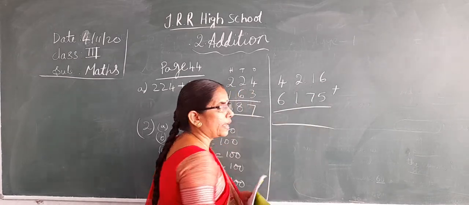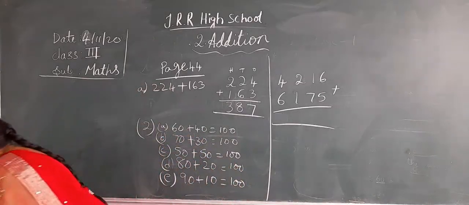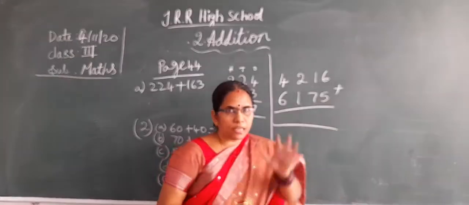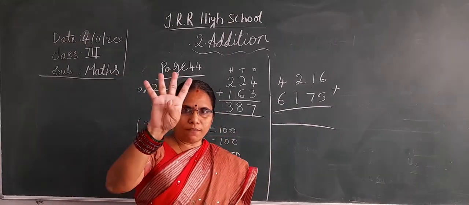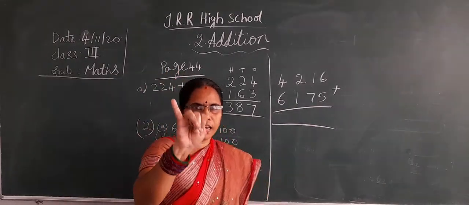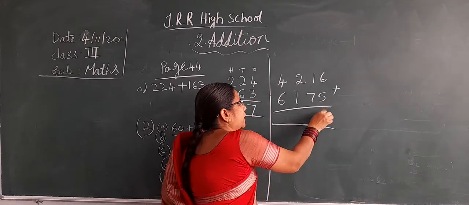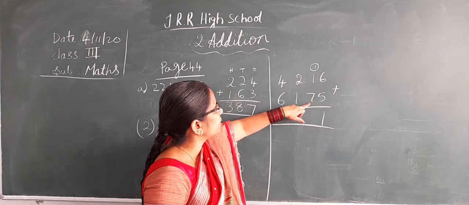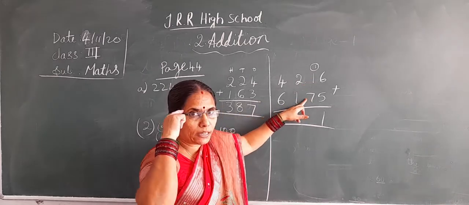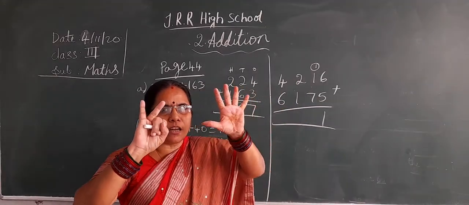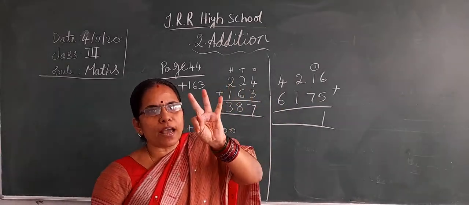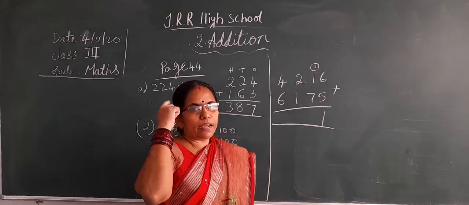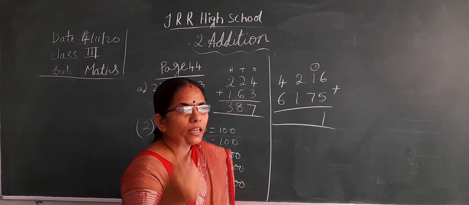Start from the ones place. How will you add it? First 6 in the mind, 5 on the fingers, 6 after, 7, 8, 9, 10 and 11. Write 1 here and put 1 as the carry. Then add the tens: 1 in the mind, 7 on the fingers, 1 after, 2, 3, 4, 5, 6, 7, 8. 8, and add the carry: 8 in the mind, 1 on the finger, 8 after, 9.